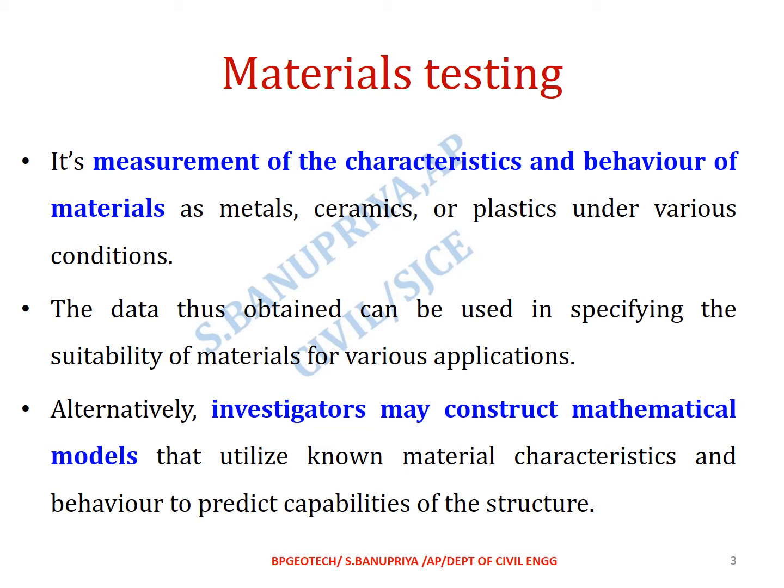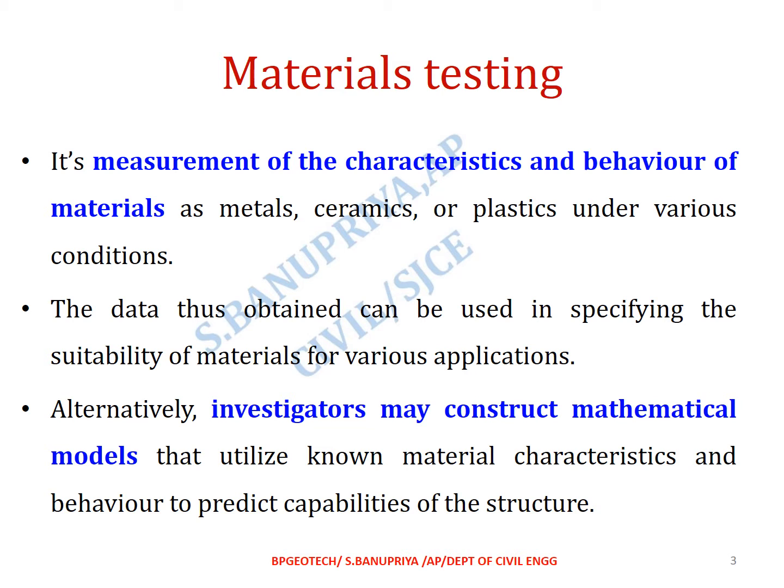For any engineering application, we have to use the material. In the previous video, we discussed what are all the different types of engineering materials available. For example, there are three types of engineering material: metals, non-metals, and composites. Before using any material for various applications, we have to test the material in order to use it in a proper way.